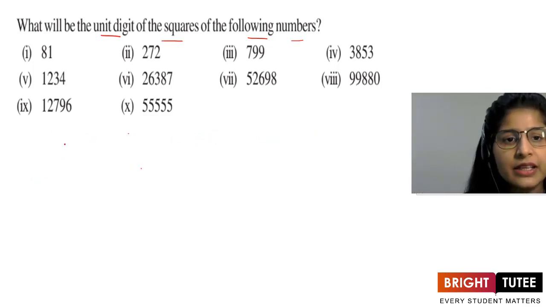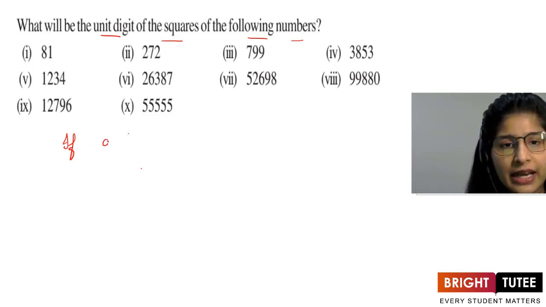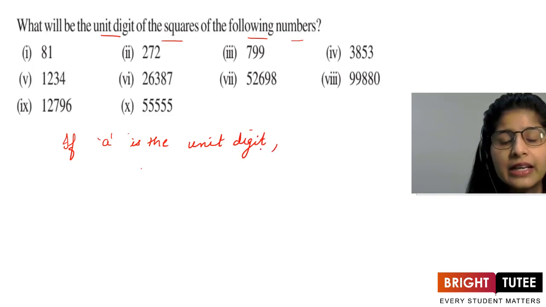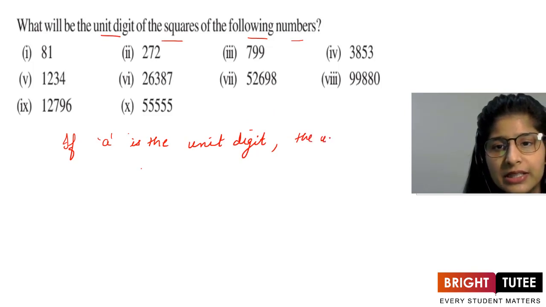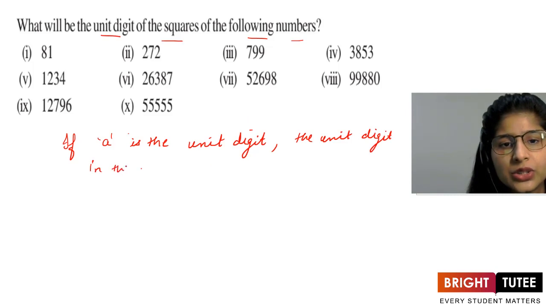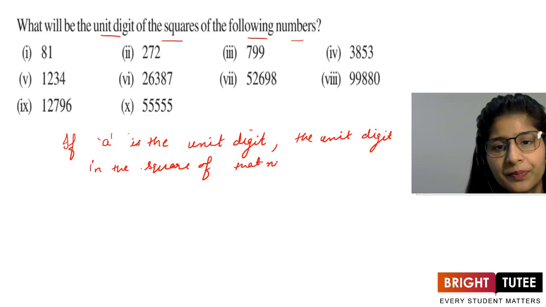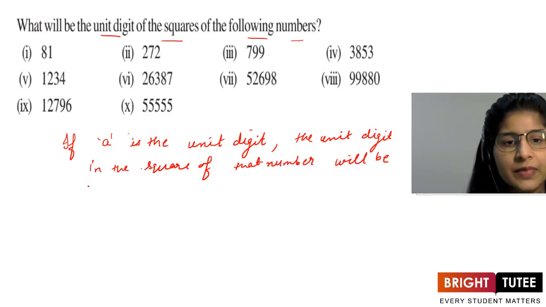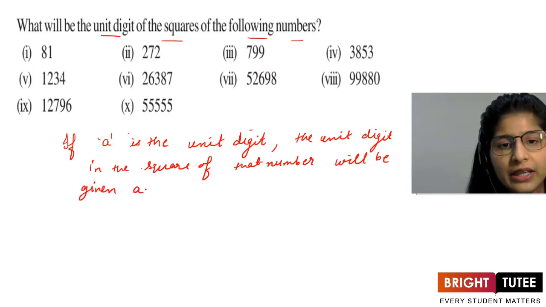We know that if a is the unit digit of any number, then the unit digit in the square of that number will be given by a multiplied with a.